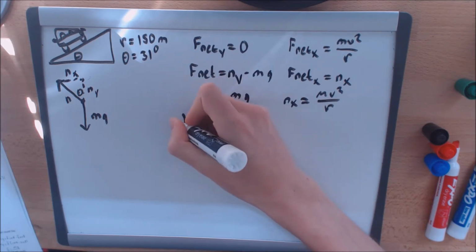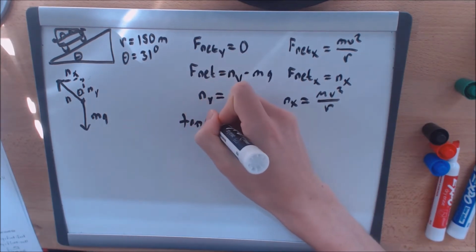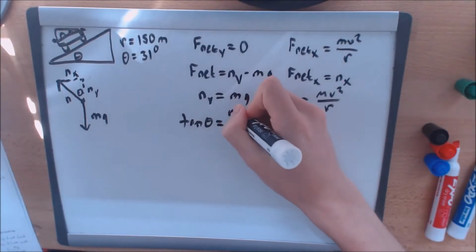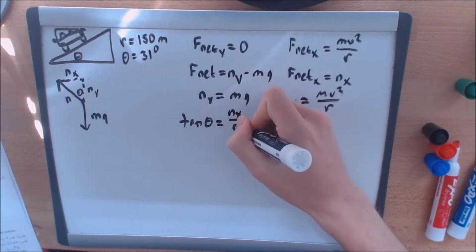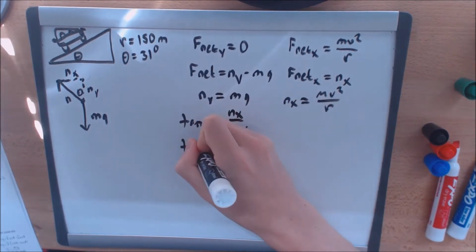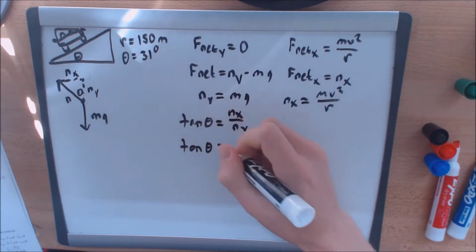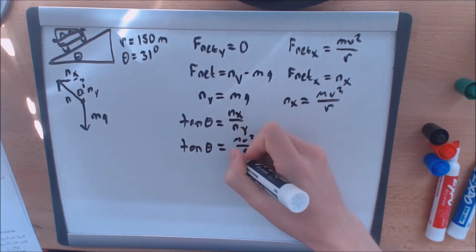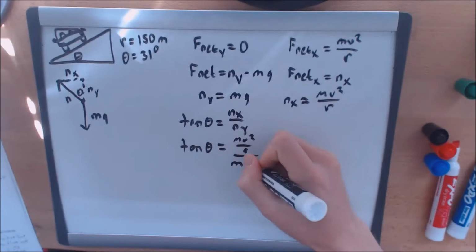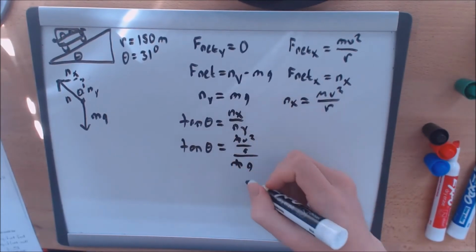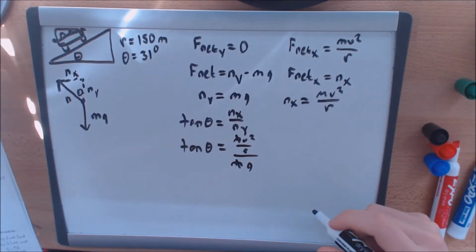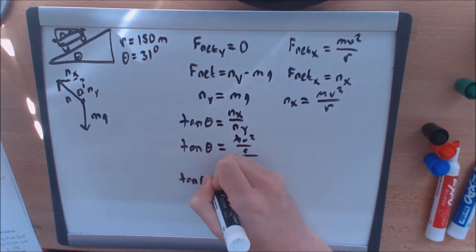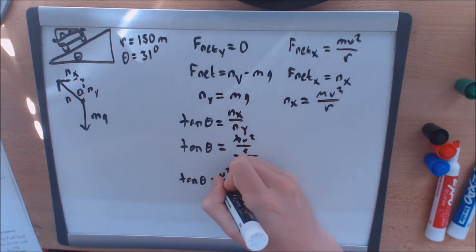So we can say tangent of theta is going to equal nx over ny, which will equal mv squared over r over mg. So our m's are going to cancel out. We're going to get tangent of theta is equal to v squared over rg.